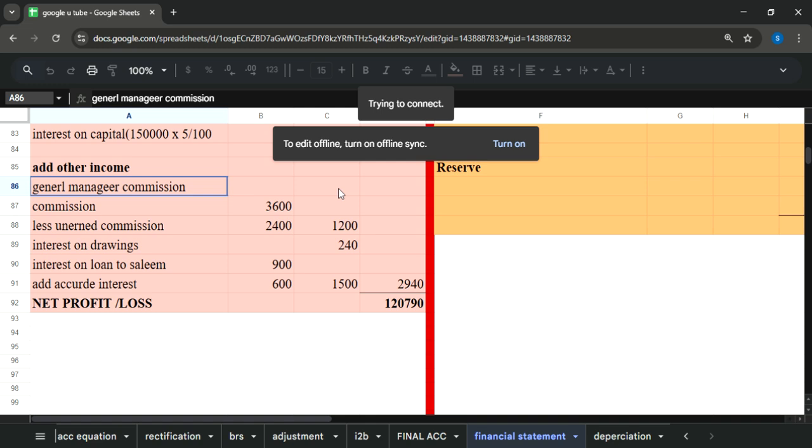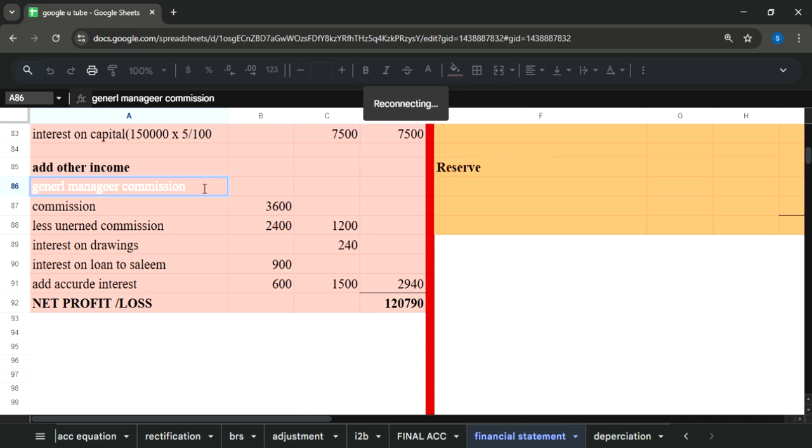And for that, this is your amount of net profit, 120,790, multiply by 10 and divided by 110 you will be writing. Let's try if it can edit. No, it's not editing. Let's take it.